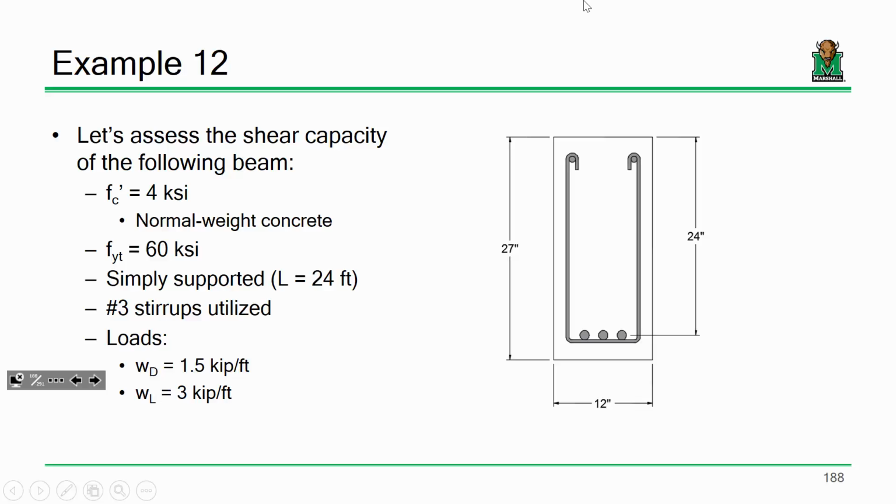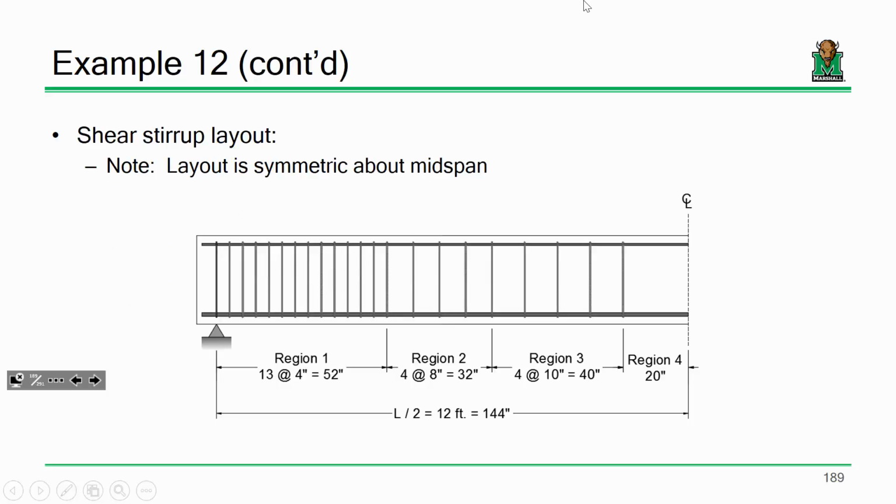Now, let me say this. You should do your best to generate an economical design, but not one that's incredibly complicated. There is a balancing act there, and I'll be the first person to admit it. I think it ultimately depends on your application. In other words, if this one beam is going to be repeated 800 times in a given structure, it might behoove me to generate a stirrup spacing that's a little more refined.